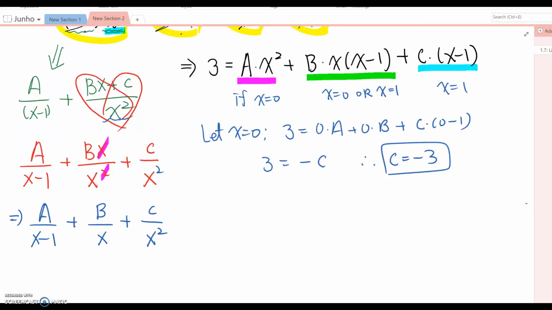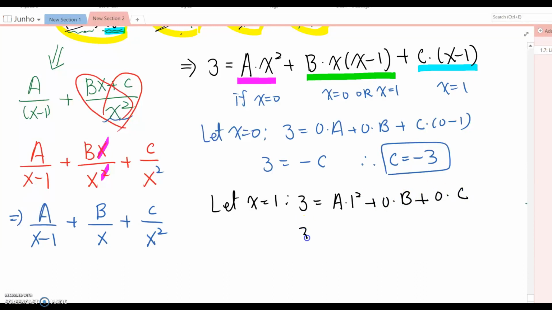Now, let x equal 1 here. Then this becomes 3 equals a times 1 squared plus 0 times b plus 0 times c. Therefore, 3 equals a. So we found a and c now.